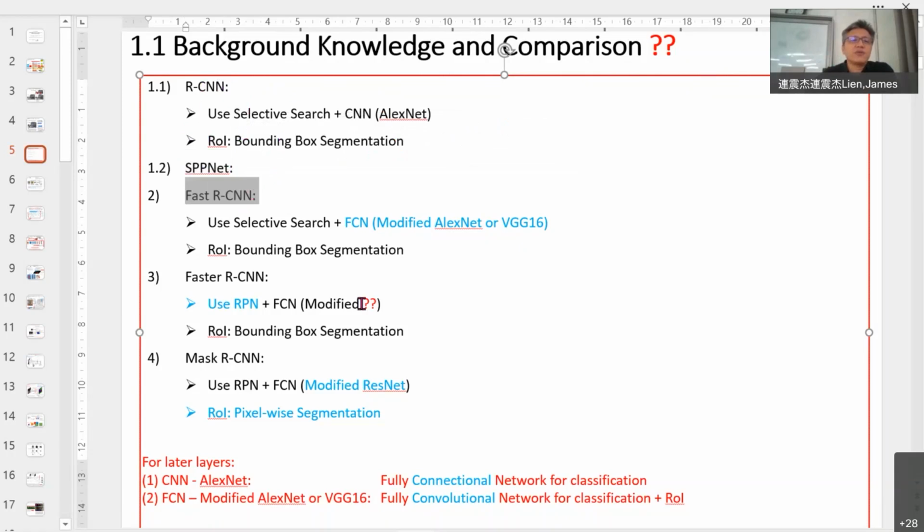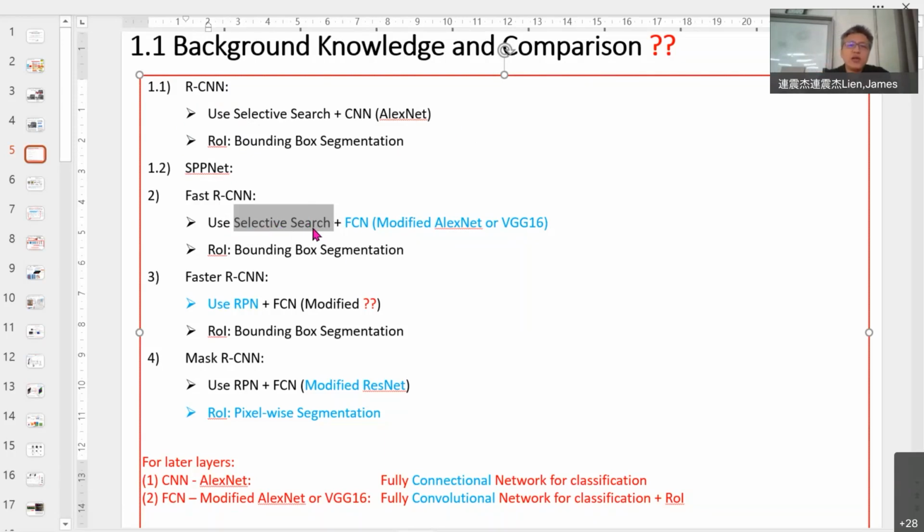So first, RCNN uses computer vision. This is computer vision, not deep learning. It uses a computer vision method called selective search for object detection. Once you detect the object, you extract the object region, which we call ROI, region of interest.